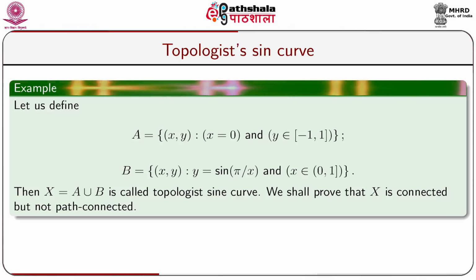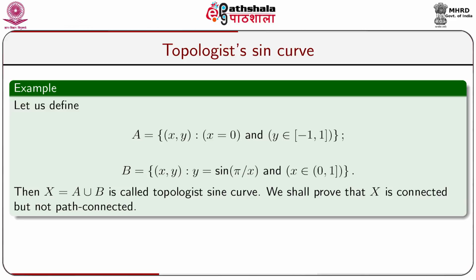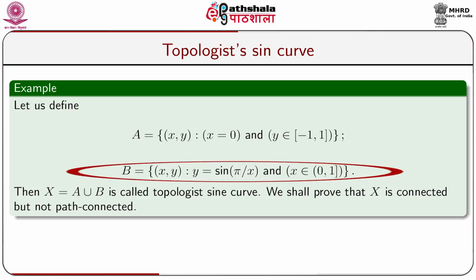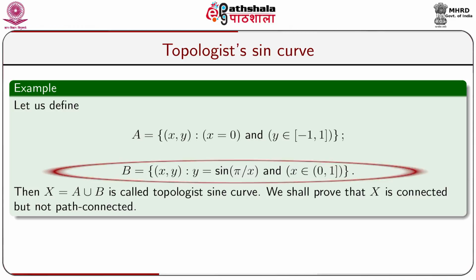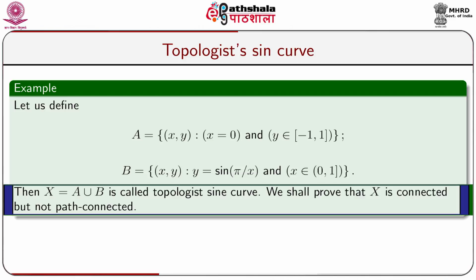Let us define A equal to all those points (x, y) such that x is equal to 0 and y belongs to [-1, 1], and B equal to all those (x, y) such that y is equal to sin(pi/x) and x belongs to the semi-open interval (0, 1]. Then X equal to A union B is called the topologist sine curve.